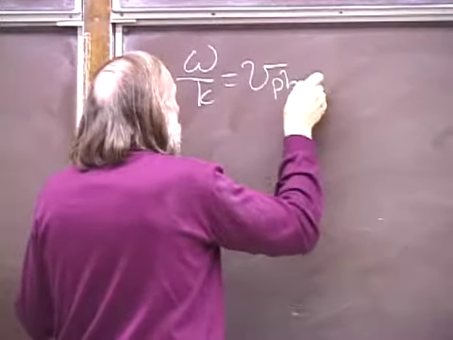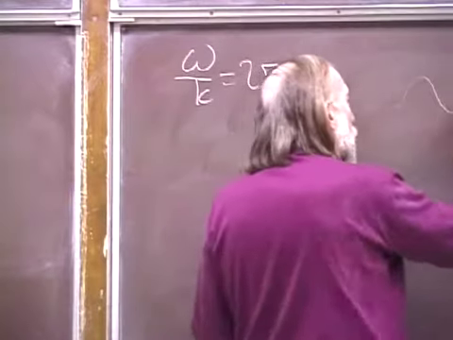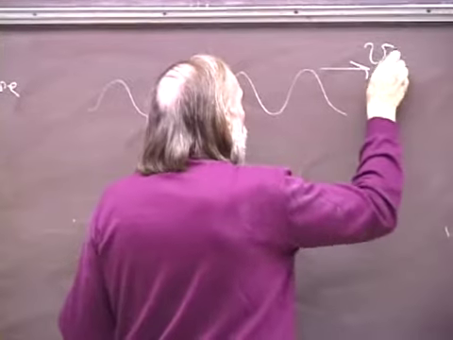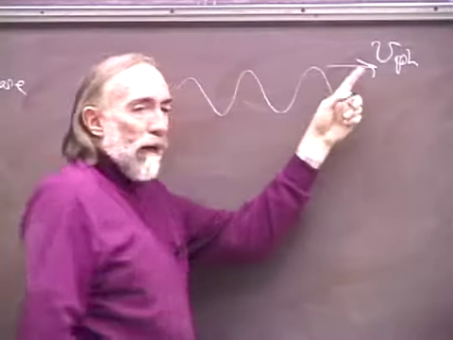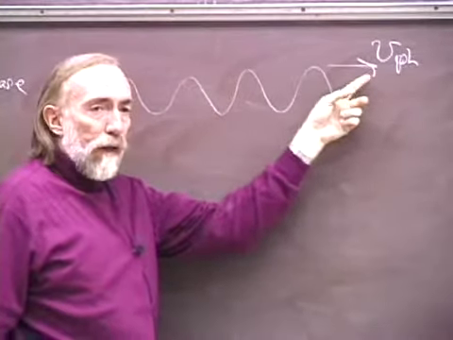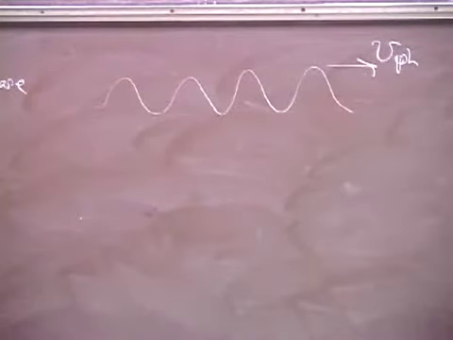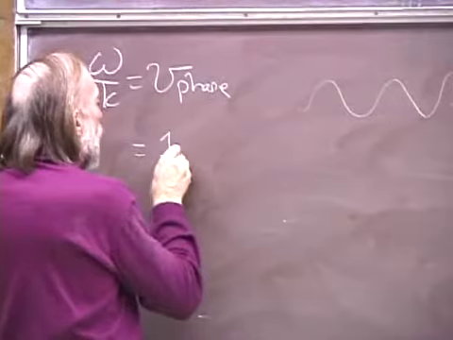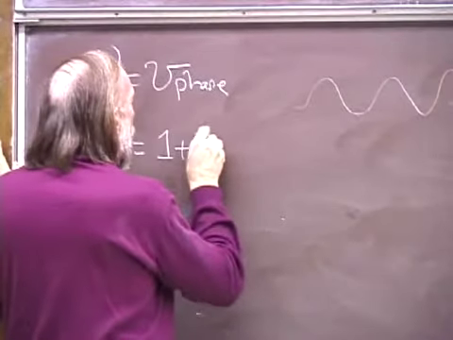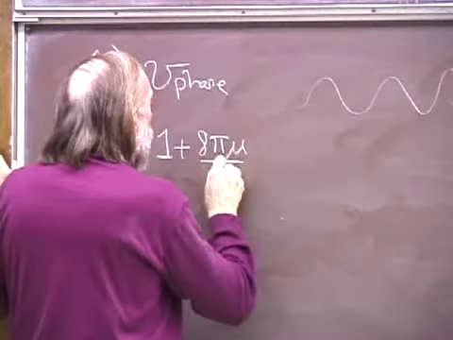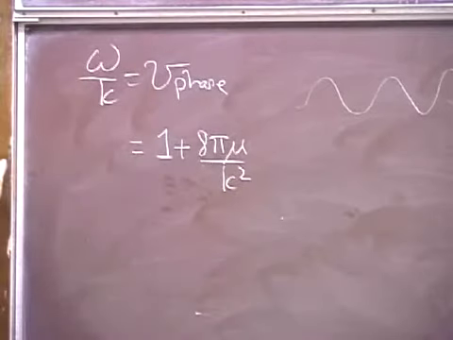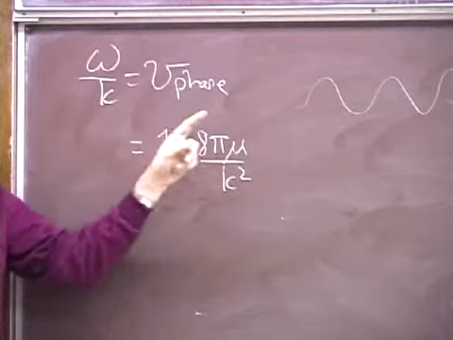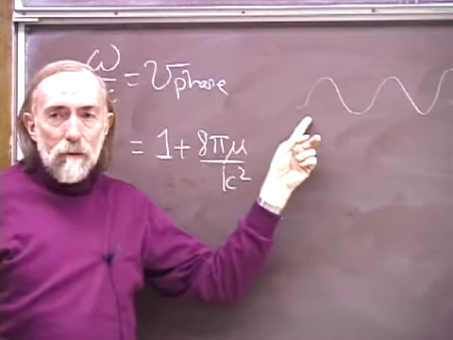What the phase velocity means is you have these monochromatic waves, and you look at the speed of the wave crests and troughs, and that's the phase velocity. You notice the phase velocity omega over k is equal to 1 plus 8 pi mu over k squared. I've claimed that this is going to be very small. That says the phase velocity is a little bit faster than the speed of light.